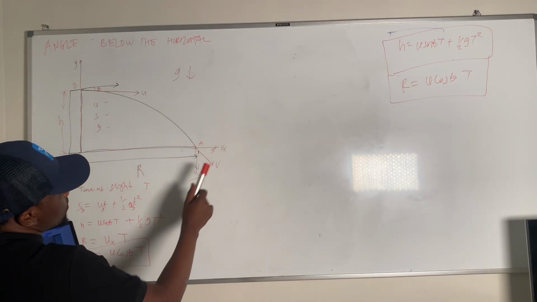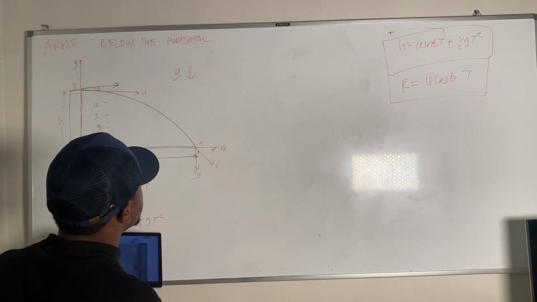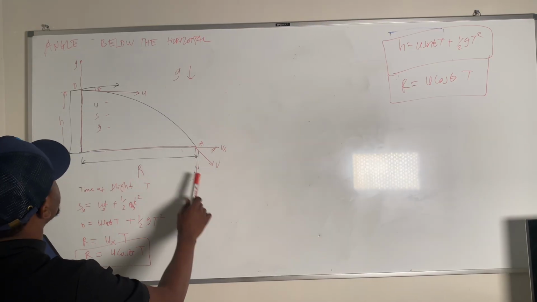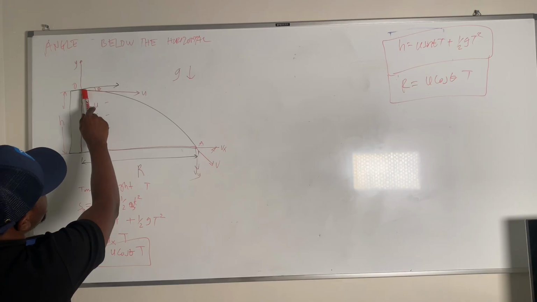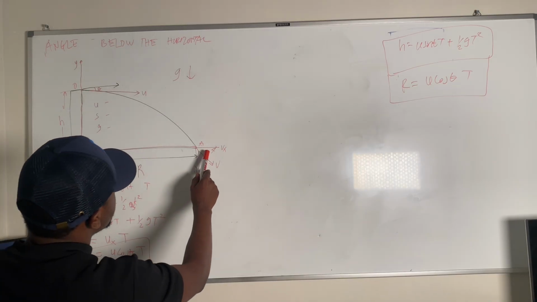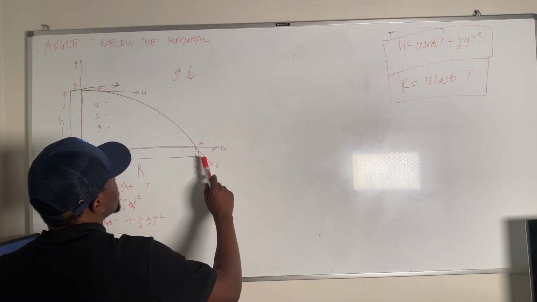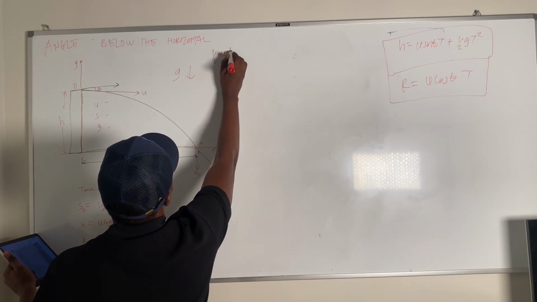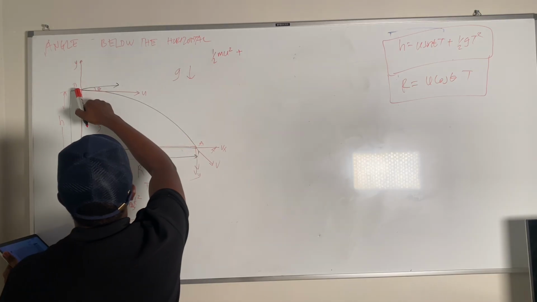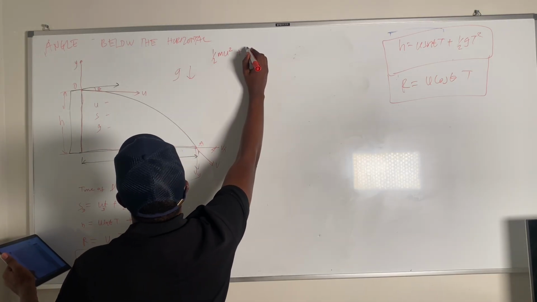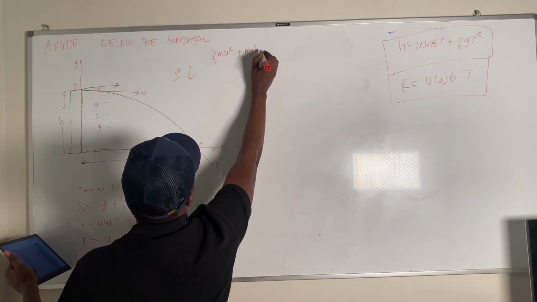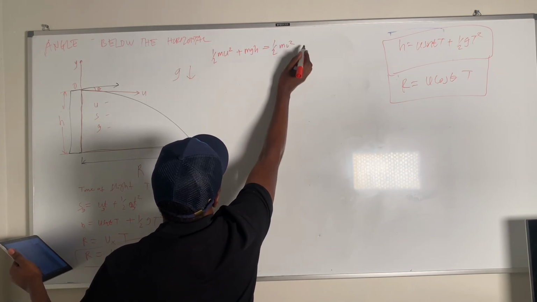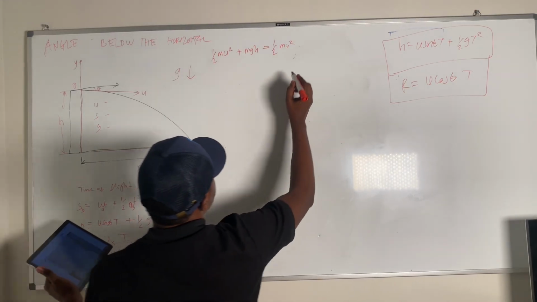Now let us look for the expression for velocity v. By using the principle of conservation of energy, we have potential energy plus kinetic energy at this point will be the same as kinetic energy and potential energy added together at point A. So we have a half m u square, which is the kinetic energy at this point, plus the potential energy at that point, which is mgh, will be equal to the kinetic energy at this point here, a half m v square, and the potential energy will be 0 because h is 0.